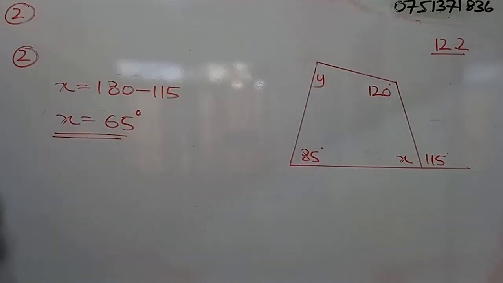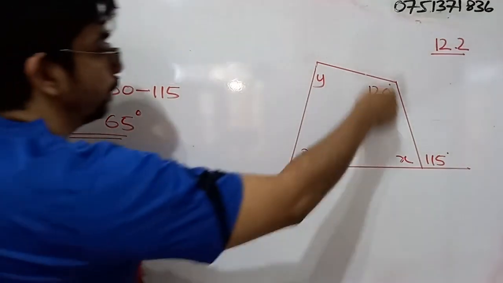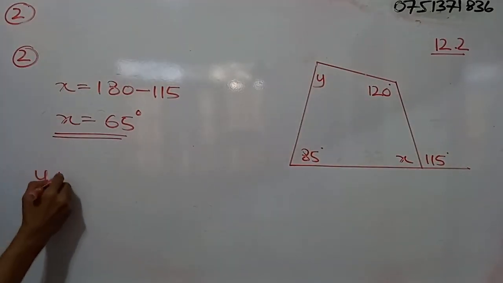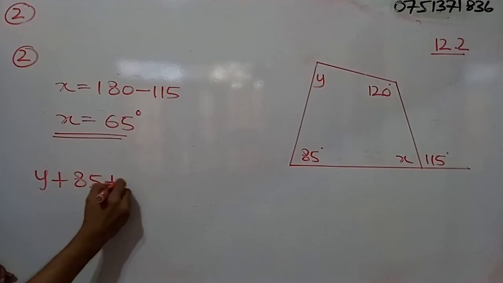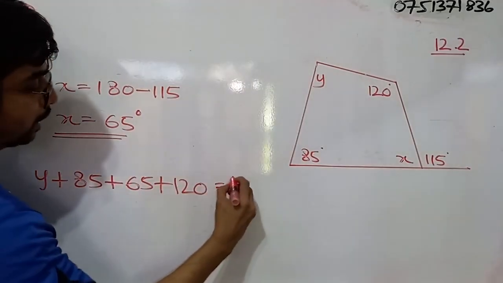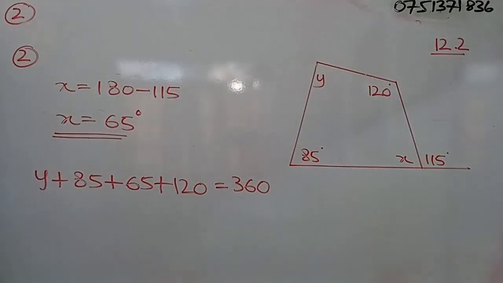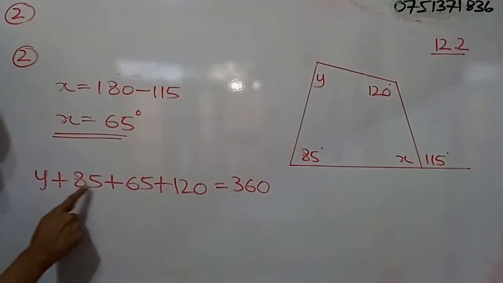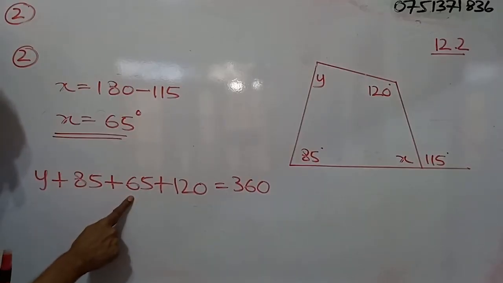Now we have to calculate the value of Y. So for this quadrilateral, we will use Y plus 85 plus 65 plus 120, that is equal to 360. Right, so when we add these values together, 80 plus 60, that is 140.